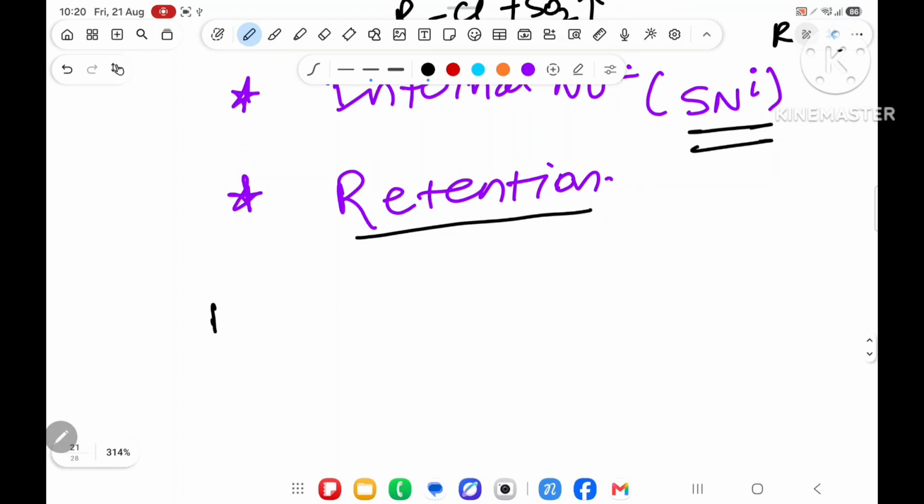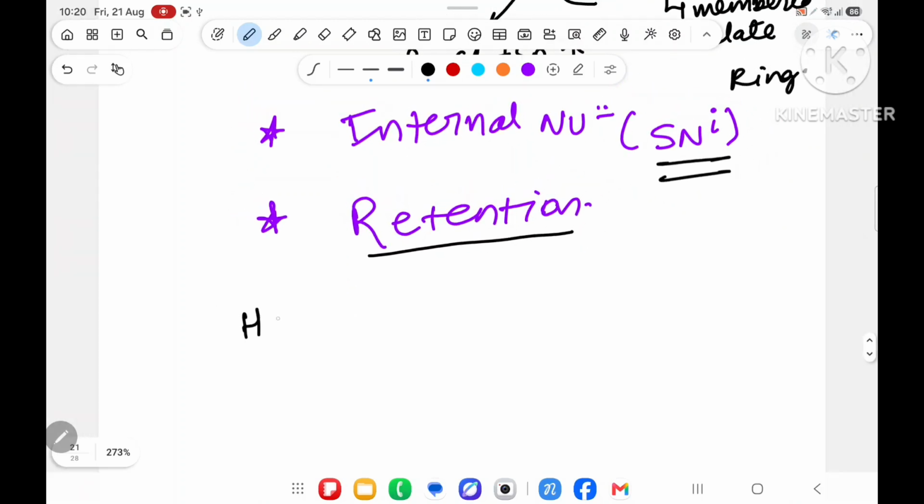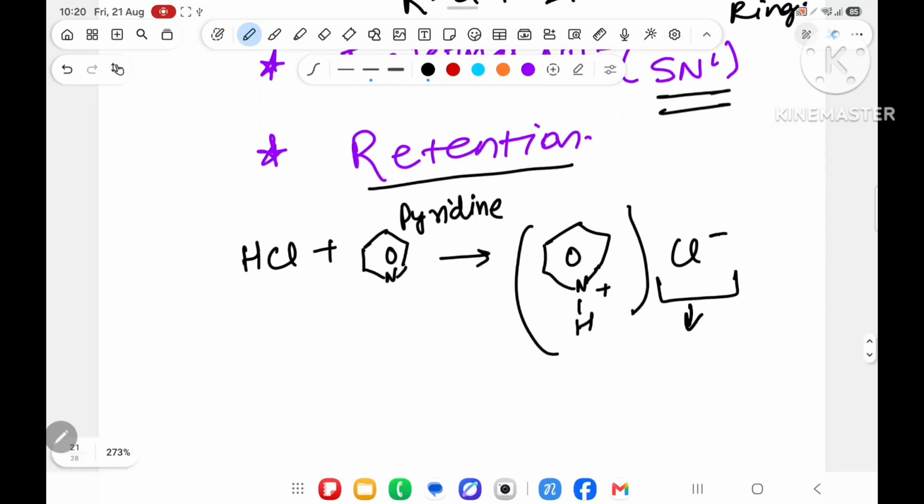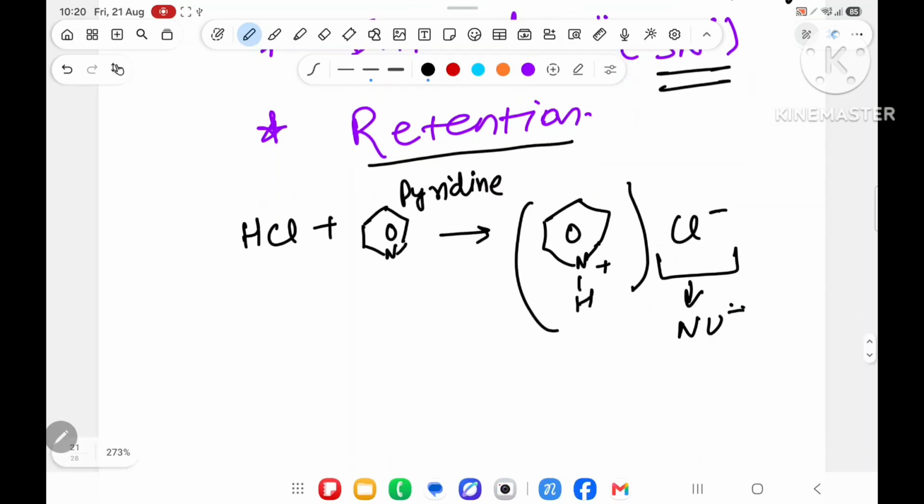But if you take HCl plus pyridine, this is the structure of pyridine. So what will happen? It will form a compound something like this. Over here nitrogen takes hydrogen, the plus comes here, and outside is Cl minus, and this Cl minus will act as a nucleophile.